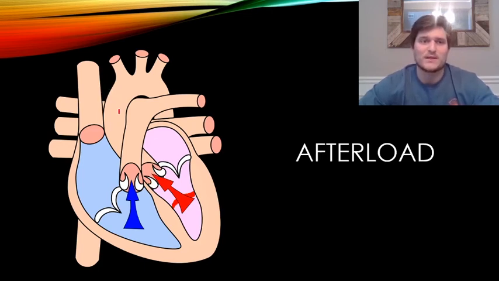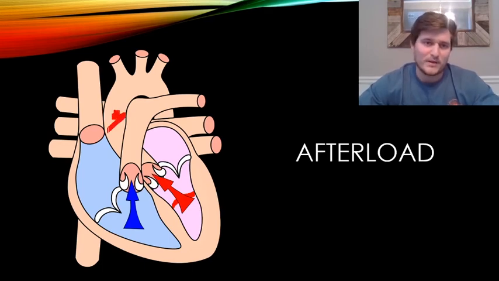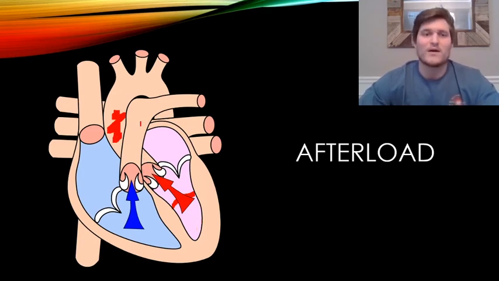So ultimately, the arterial blood pressure is going to dictate the amount of stroke volume ejected from the left side of the heart.